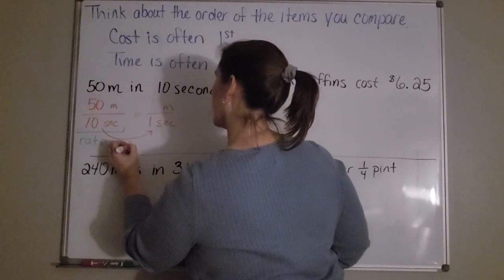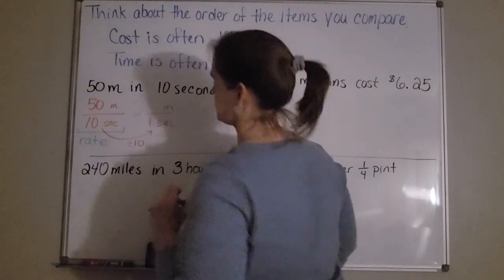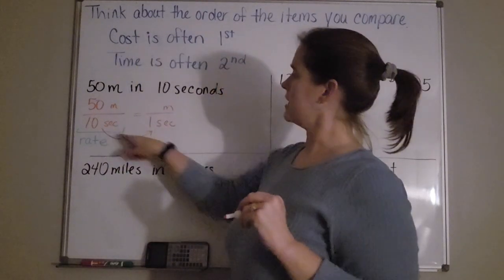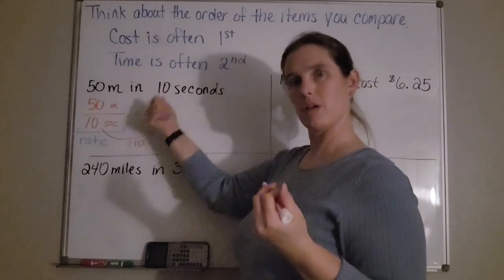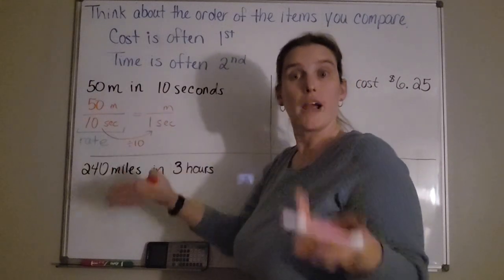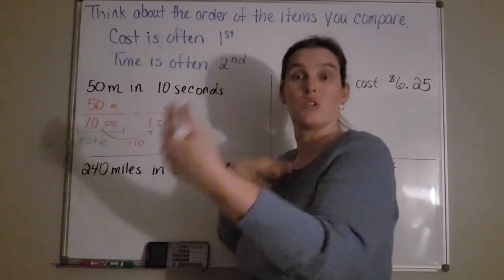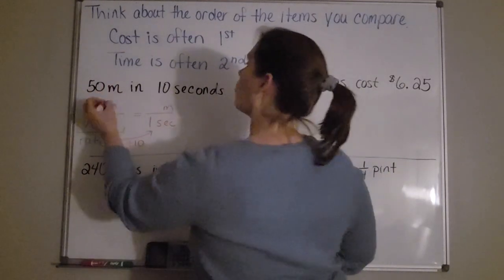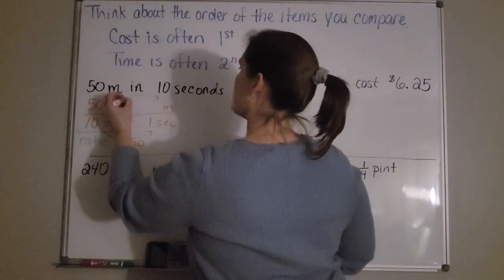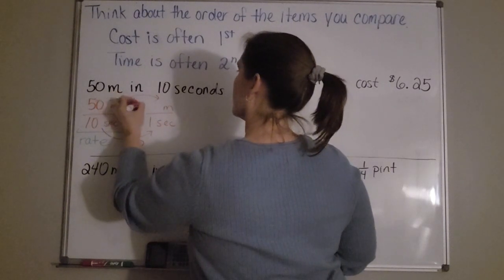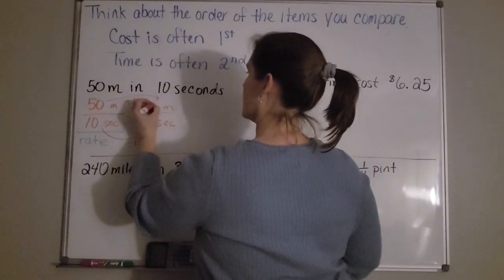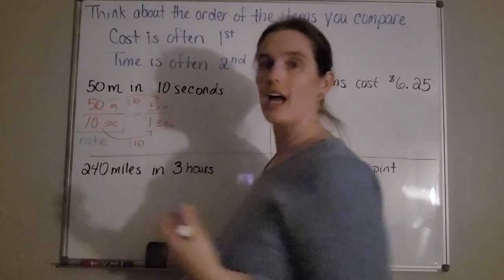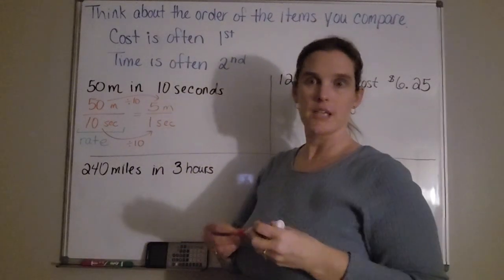We divide by 10. Now, if I divide by 10 down here in the bottom of my fraction, what do you think I'm going to have to do up on top to get an equivalent fraction? Because equivalent fractions, equivalent rates, equivalent ratios, all that kind of stuff, all related. Well, that's right. We're going to divide by 10. 50 divided by 10 then is 5. So you run 5 meters in 1 second.